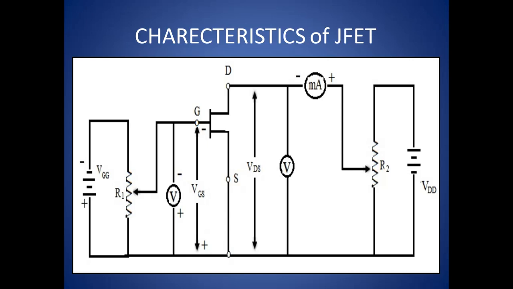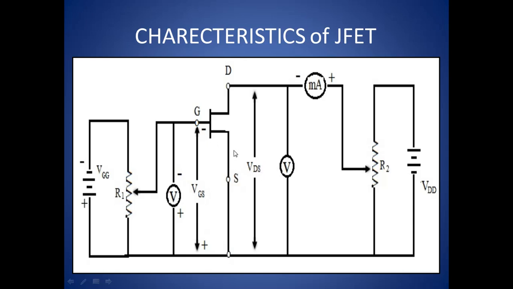The VI characteristics give the relationship between drain current ID and drain to source voltage VDS for different values of gate to source voltage. The transfer characteristics give the relationship between the drain current ID and gate to source voltage VGS for different values of drain to source voltage.